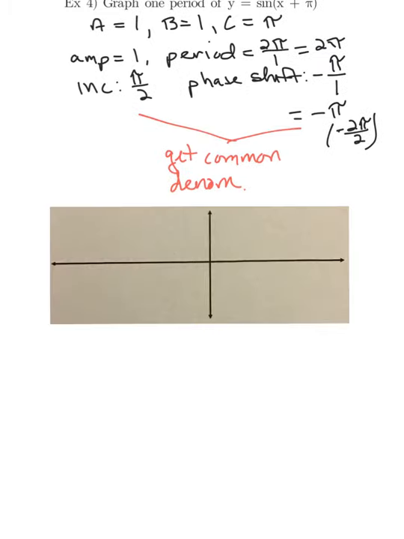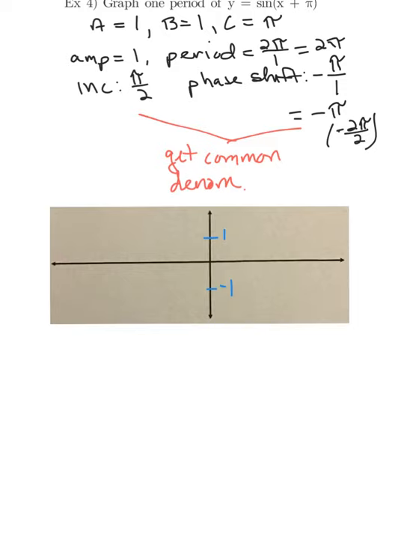Now that we have all of the parts found, we can go ahead and start putting everything together and create our graph. We know the amplitude is 1, so our labels on the vertical axis are going to be 1 and negative 1. Don't worry about period until after you've actually completed your graph.